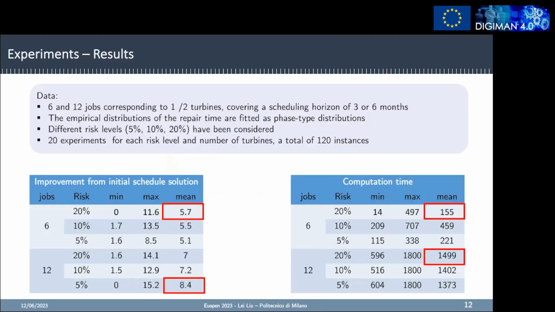And also, we tested the algorithm on scheduling horizons of 3 to 6 months. We can decrease the makespan value by 5 to 8%, and within half an hour of computation time. This demonstrates the efficiency of the proposed algorithm.